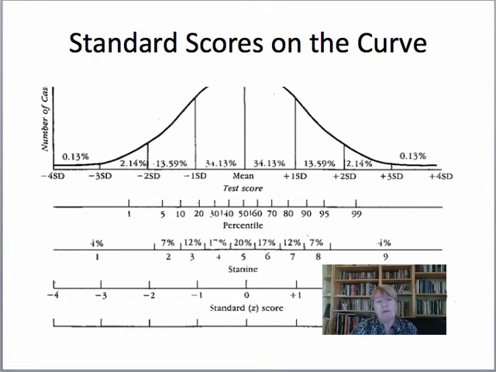If he got a Q-score of 130, I know he's 2 standard deviations above the mean. So I want to be able to do that with any kind of score, so I instantly know where the student falls on the bell-shaped curve, even if it's in between. So for example, if he got a Q-score of 110, I know that's between the mean and 1 standard deviation above the mean, so I know he's in the average range.